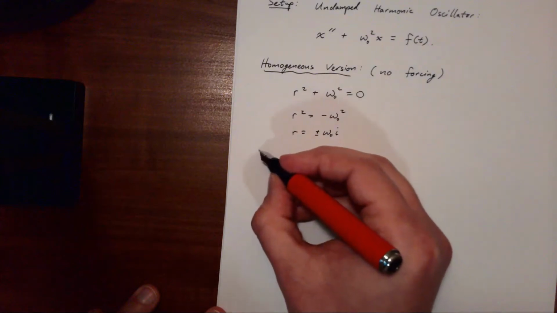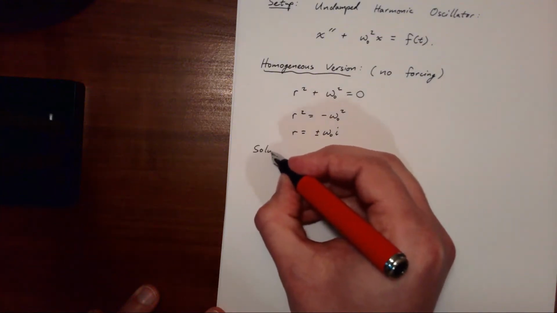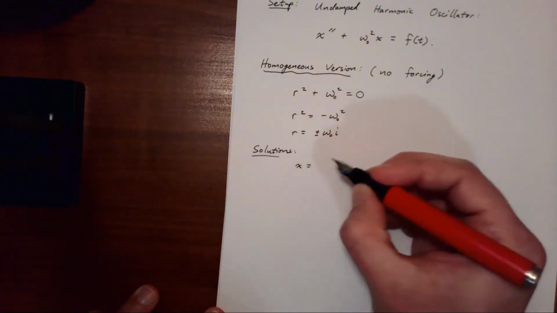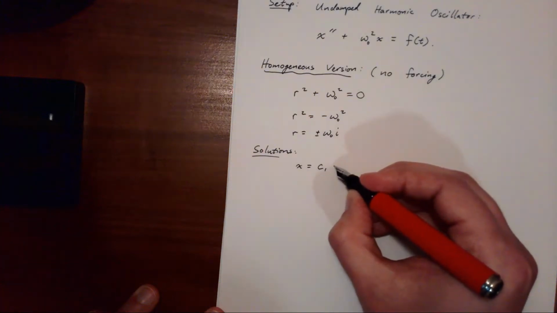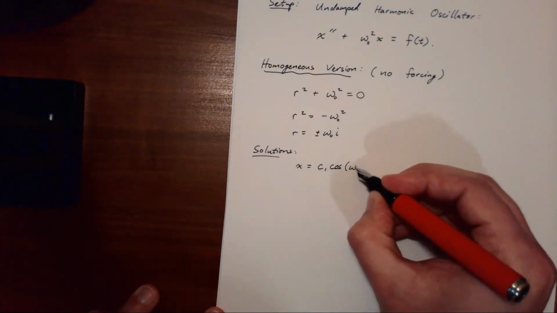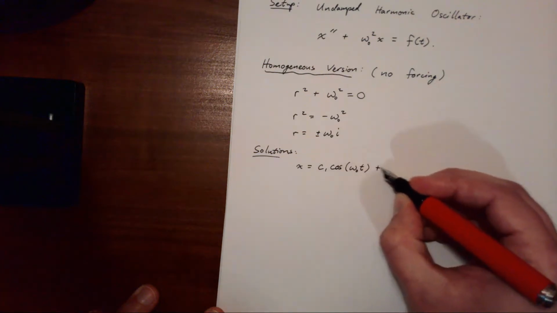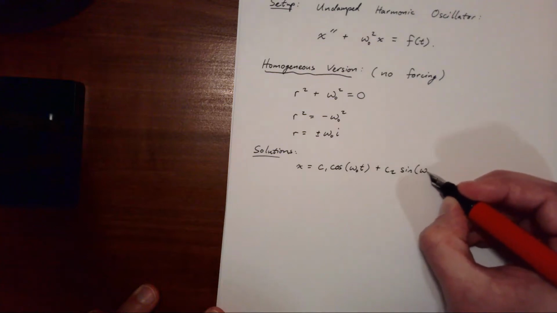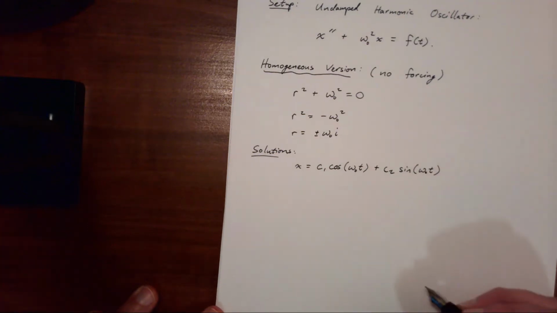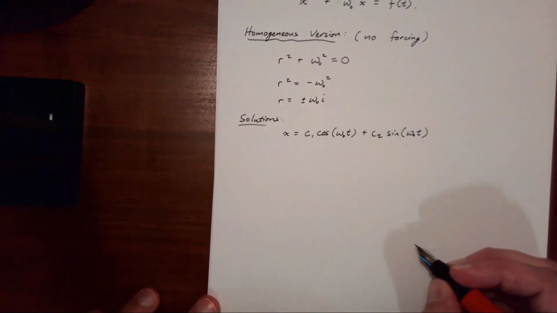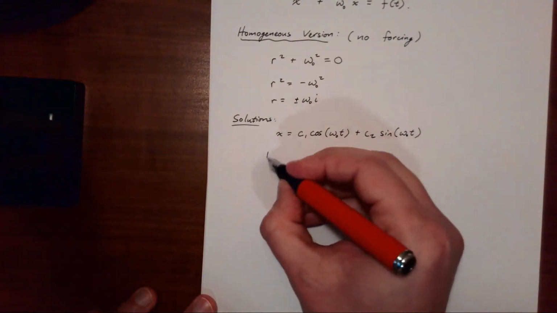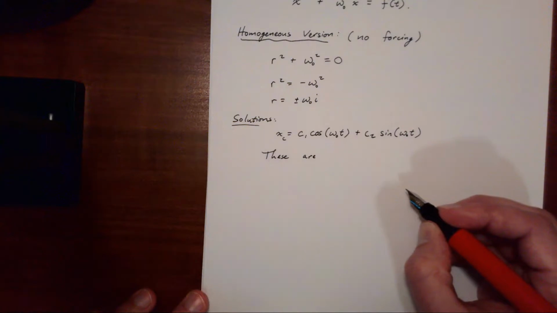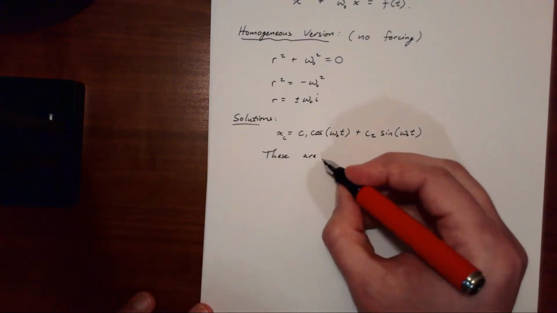So then the solutions will have the form x equals c1 cosine omega naught t plus c2 sine omega naught t. So these will be just perfectly periodic sinusoidal functions. I would call it x_c for the complementary solution here.